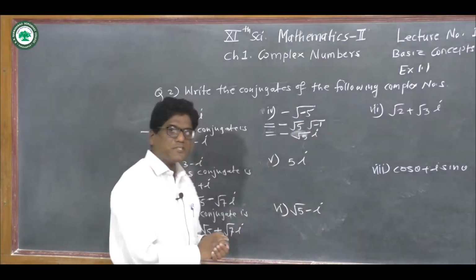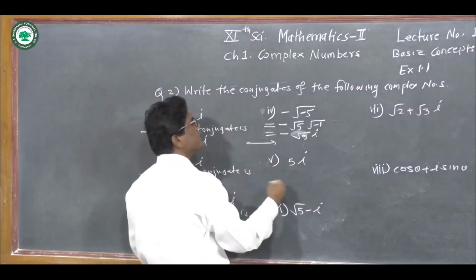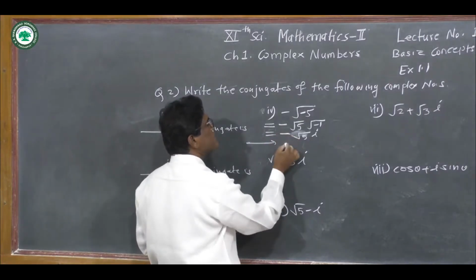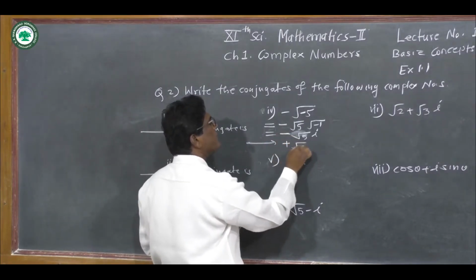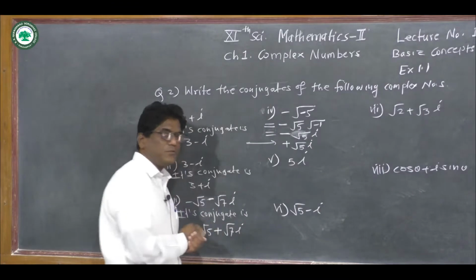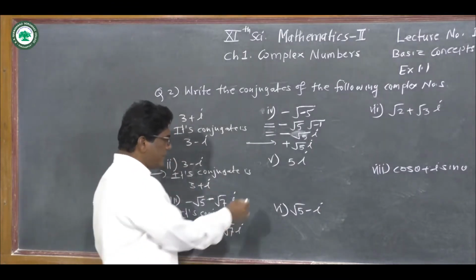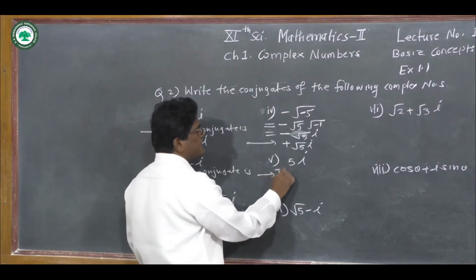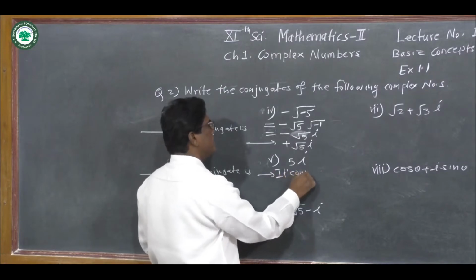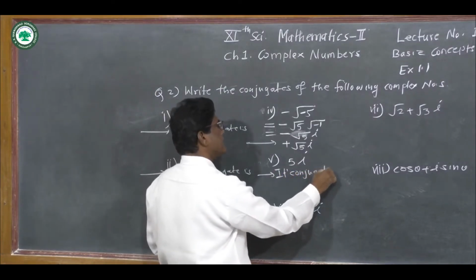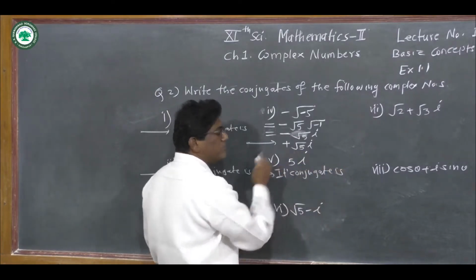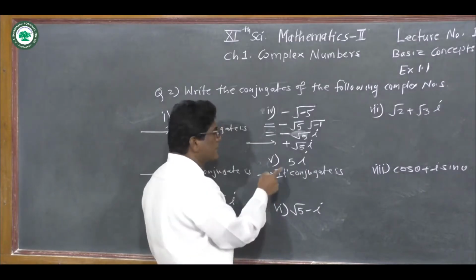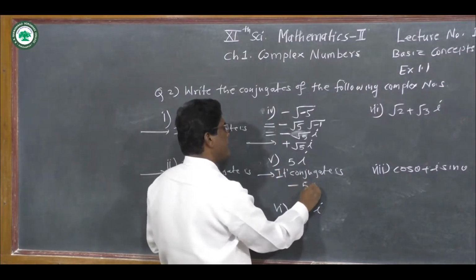And then we write its conjugate. So its conjugate is, here minus sign, so it is plus root 5i. Now here its conjugate is, change the sign of this imaginary part. Here it is plus, so it is minus 5i.